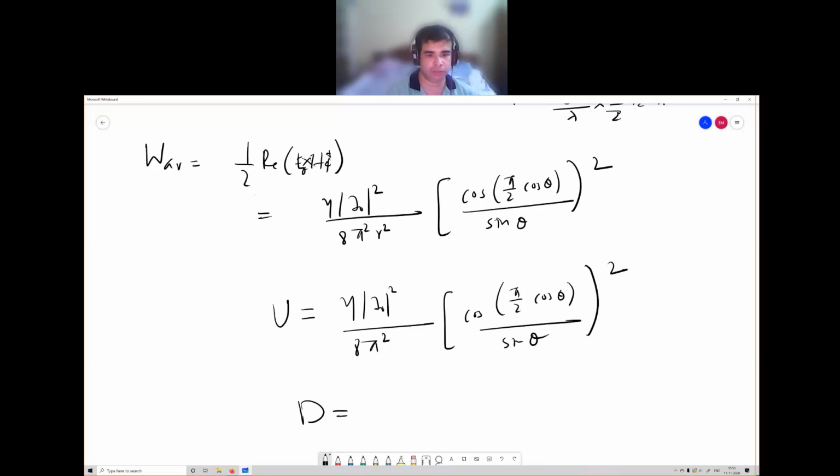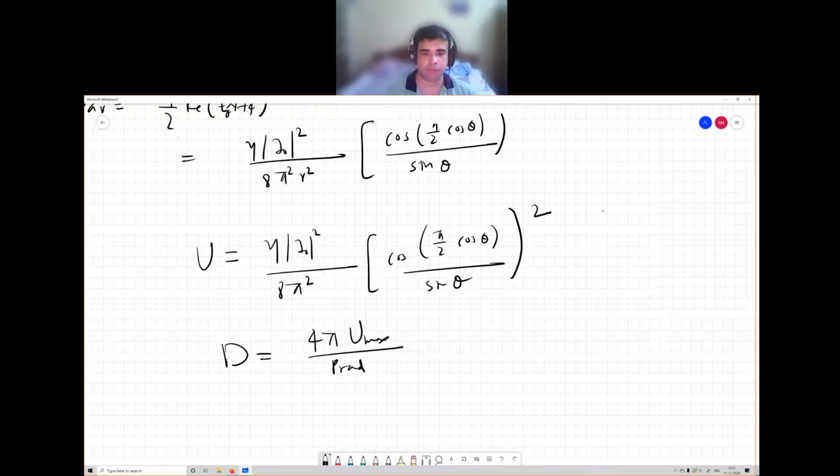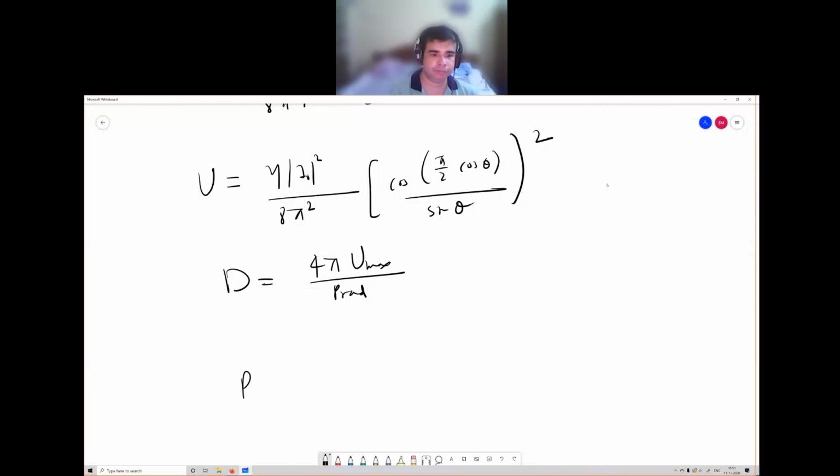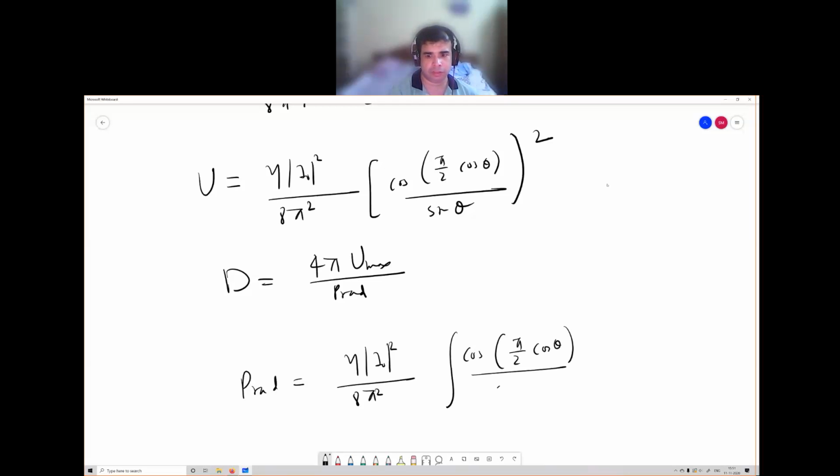D will be 4 pi U max by P rad. P rad will be the integral of eta I0 square by 8 pi square, cos of pi by 2 cos theta by sin theta.